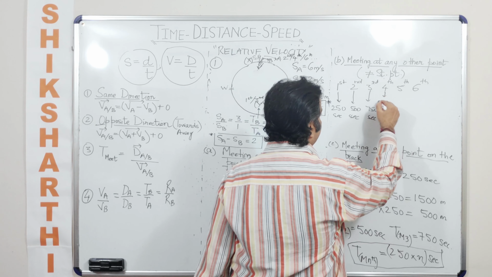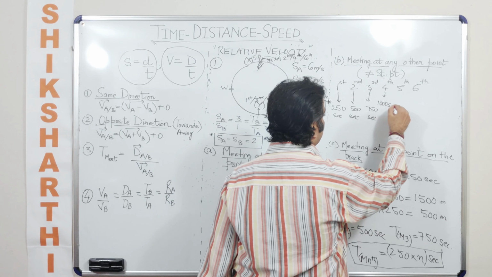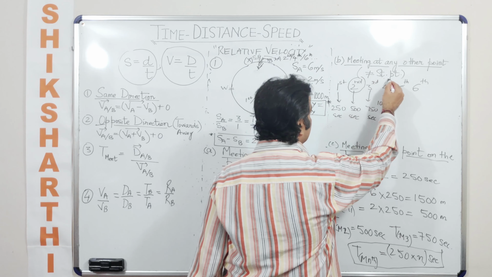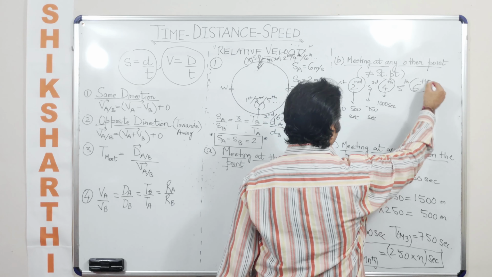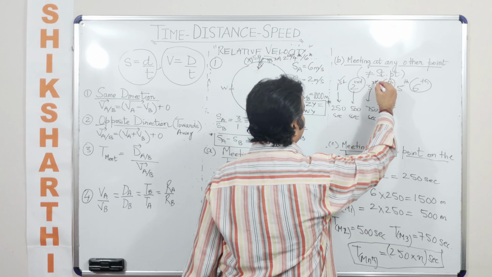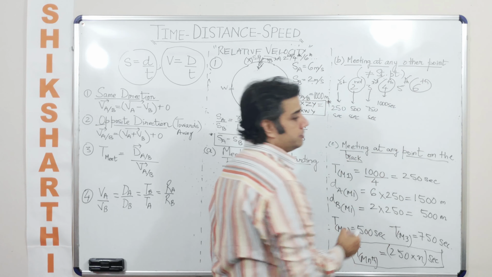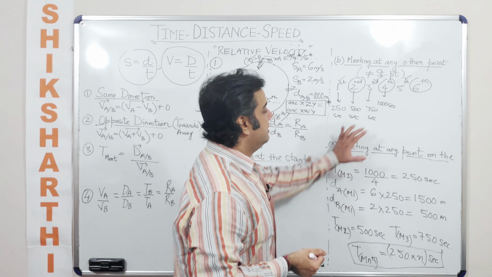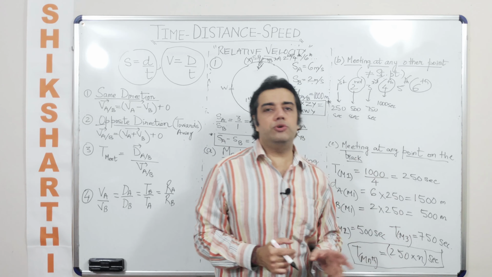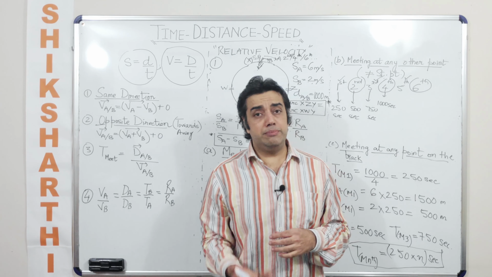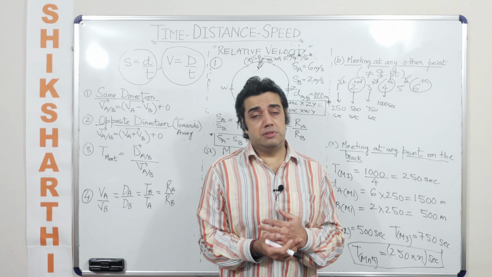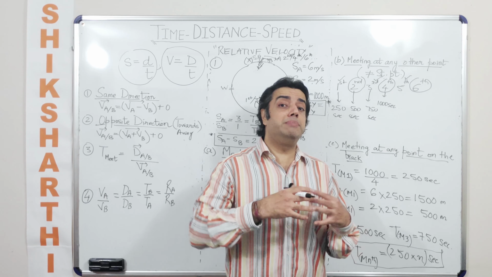Fourth time after 1000 seconds, and so on. Here, the ones which I'm encircling are nothing but the starting point, and the ones that I have not circled, maybe I'm ticking, are the points other than the starting point. So it becomes very easy with the help of theory of relativity to estimate their meeting points, the time at which they would be meeting at a particular point, or for a particular meeting point.